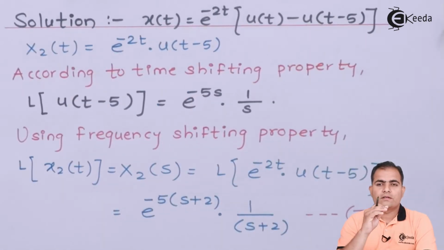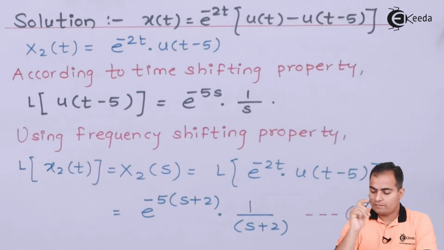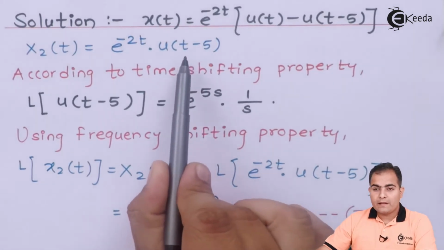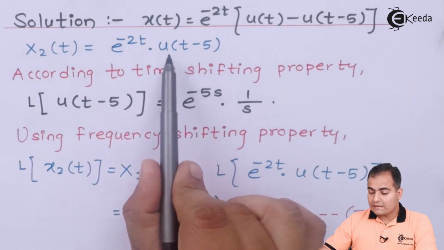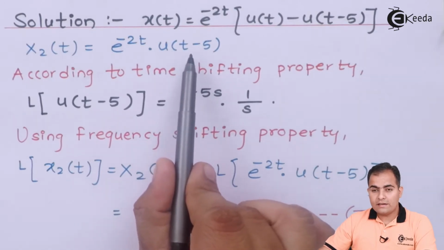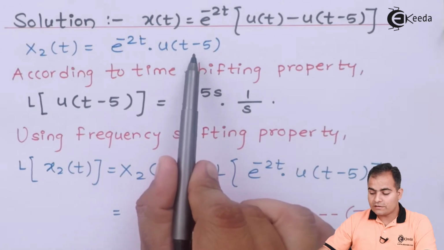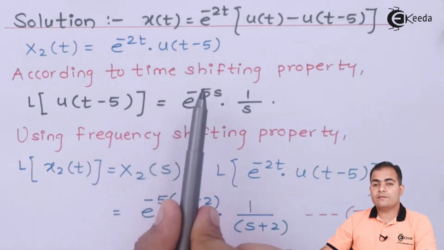Now the Laplace transform of x2 of t. First of all, u of t minus 5. As I told you, this is nothing but a delayed function, and for a delayed function we will always use the time shifting property.